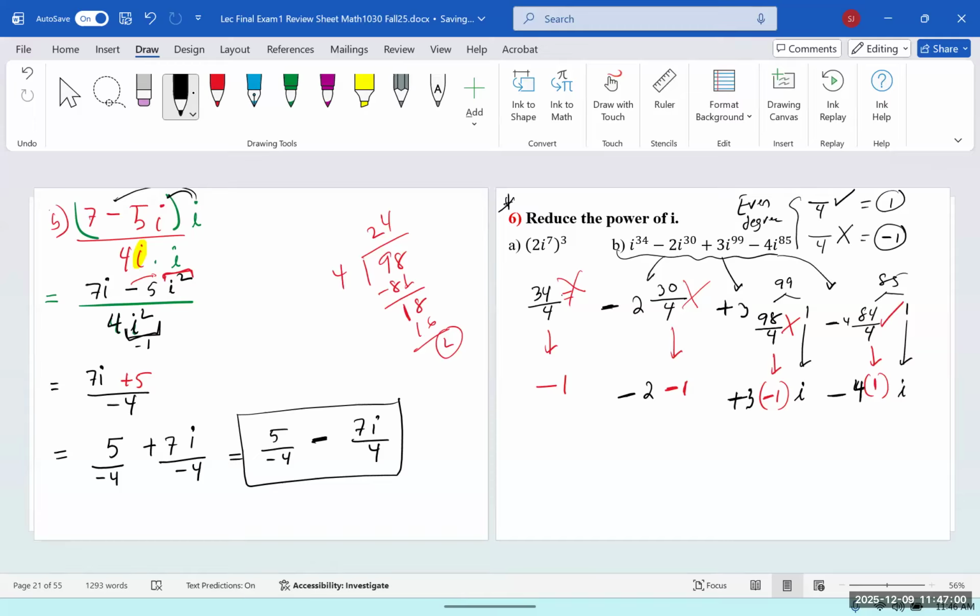And you get -1 here. This is multiplication. -2 times -1 is +2. From here, we get -3i. And from here, we get -4i. So these two are like terms. These two are like terms. We get 1 minus 7i.